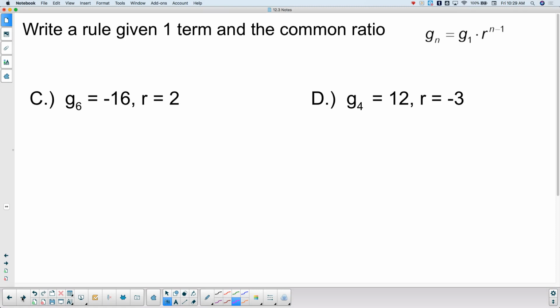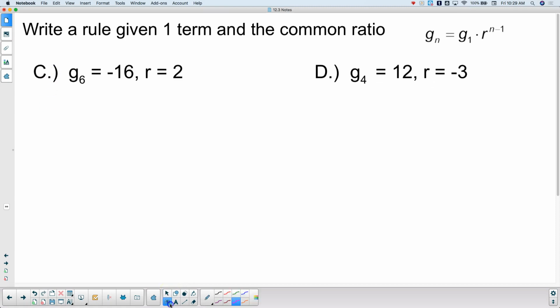If that's the case, then negative 16 is going to equal my first term times my common ratio raised to the, since negative 16 was the 6th term, 6 minus 1 power.